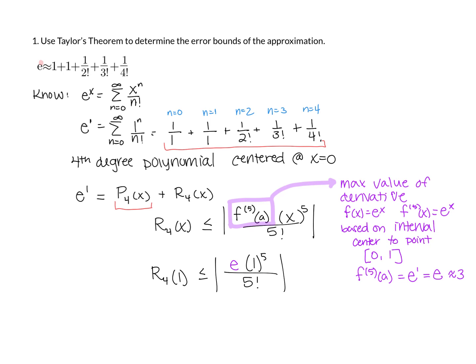If we plug this into a calculator, 3 over 5 factorial, which is 120, so 3 over 120, would leave you with 1 over 40, roughly speaking. And I know my remainder cannot be more than that. I just used 3 instead of e at that moment, but you could certainly leave it as e over 5 factorial as well, which would be acceptable. So we know that the error has to fall within a range that is less than or equal to the absolute value of 1/40th or the absolute value of e over 5 factorial.